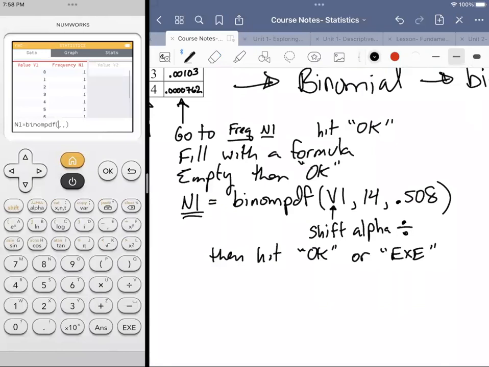All the values that I want here are in V1. So I do that again, V1, 14, 0.508. All right, so same process, except it goes into N1 instead of V2. When you hit OK, it populates the whole list. And then from there, you go into stats.